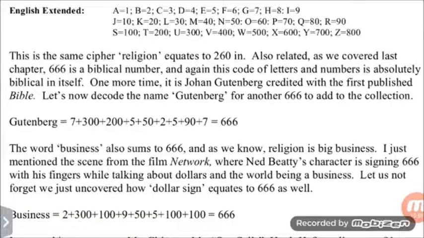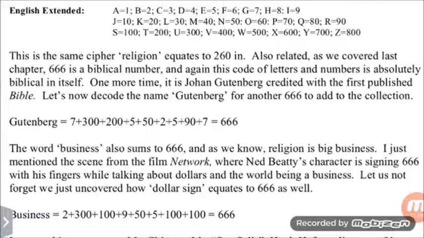English Extended. This is the same cipher religion equates to 260 in. Also related, as we covered last chapter, 666 is a biblical number. And again, this code of letters and numbers is absolutely biblical in itself. One more time, it is Johann Gutenberg credited with the first published Bible.